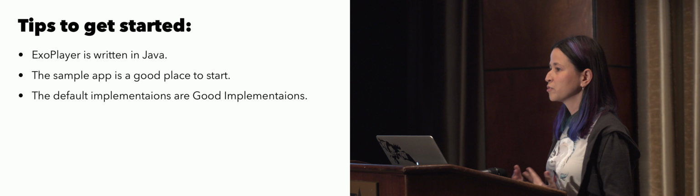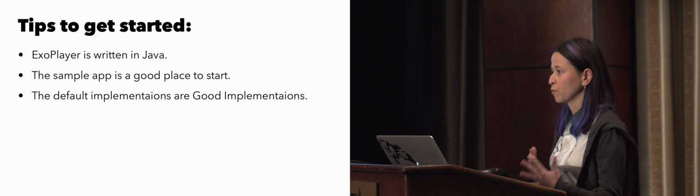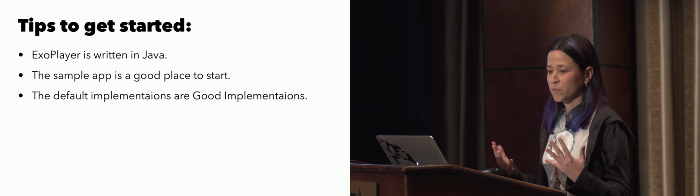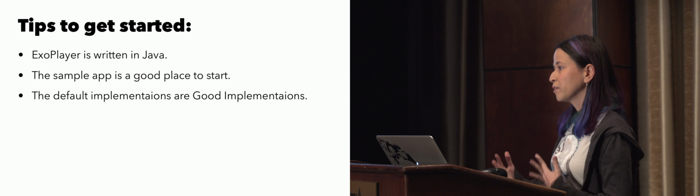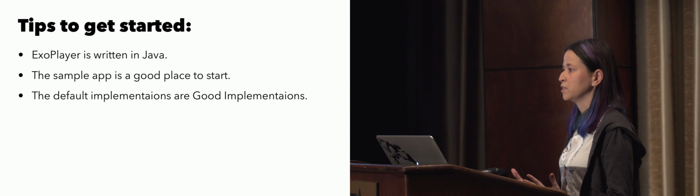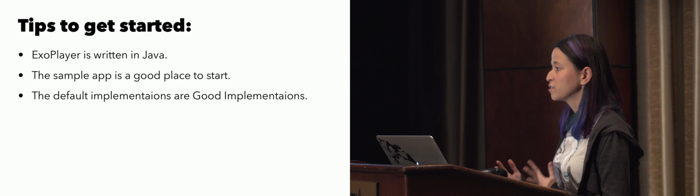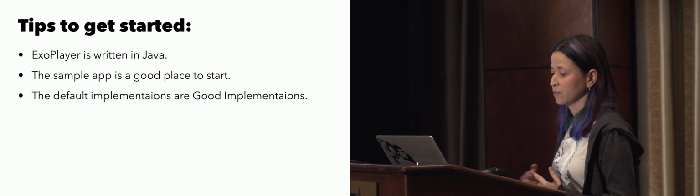We found out that most of the time, even though we can technically extend or replace them or write our own things, they're just good. They just work. So even though it's a lot of code, you don't have to really think about most of it until you have a problem or you need to change something specific. You can just use the defaults. Everything will be fine.